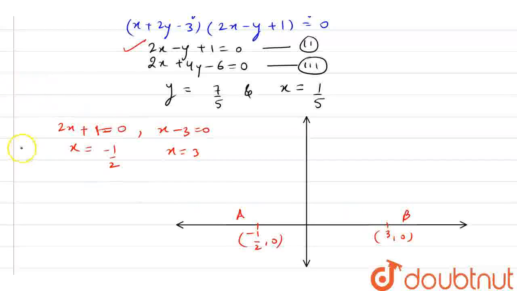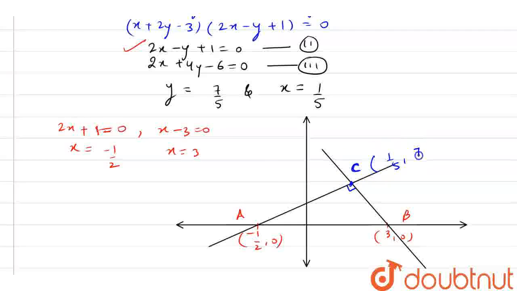So we have two lines. Let me draw it for you. The first line looks like this, and the second line looks something like this. Right, now these lines are perpendicular. So this is my point of intersection. Let this be C. And what are the coordinates of the point of intersection? 1 by 5 and 7 by 5, right?